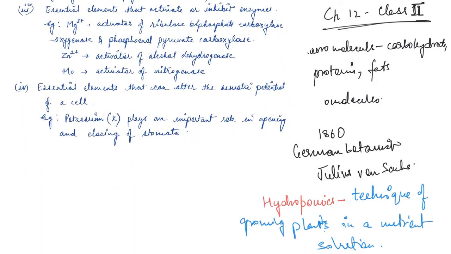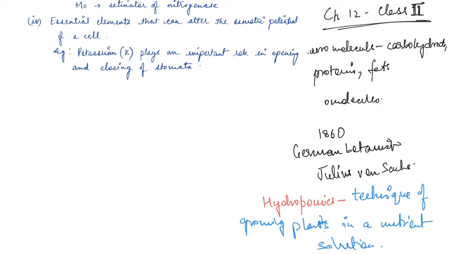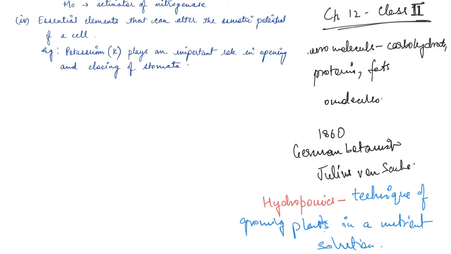So, there are elements that can alter the osmotic potential of the cell. For example, potassium plays a very important role in opening and closing of stomata, right? So it is a group where potassium belongs, which can alter osmotic potential of the cell. So there are four groups, guys, on the basis of function of these essential elements, right?